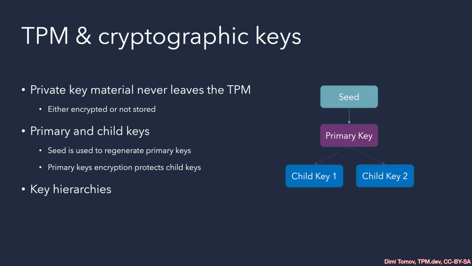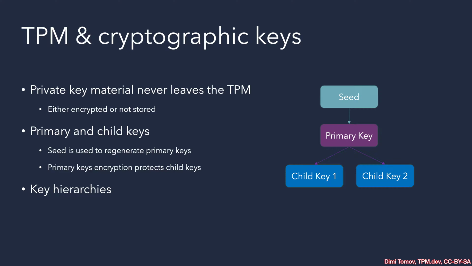The primary key is wrapping the child key. This is also one of the reasons why, in order to create a child key, we first need to have a primary key. To load the child key, we also need to have the authorization for the primary key in order to be able to decrypt, unwrap the child key inside the TPM, and then finish the process of loading so we can actually use it to perform some operations.